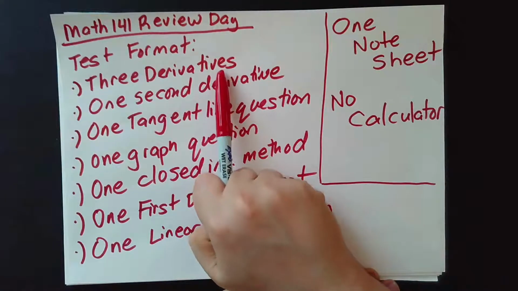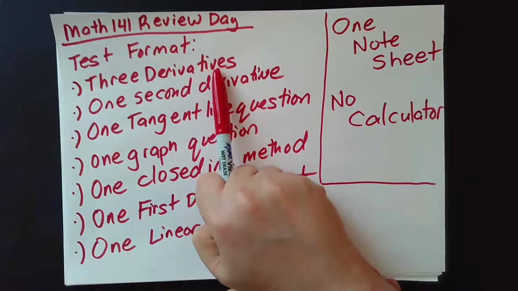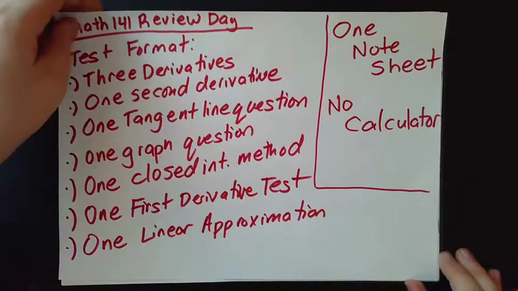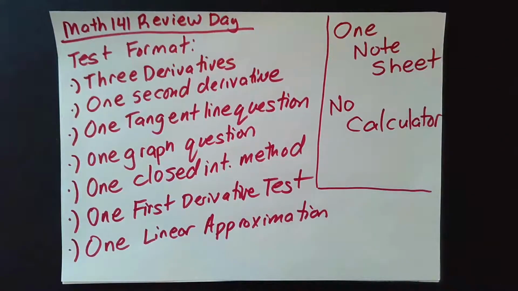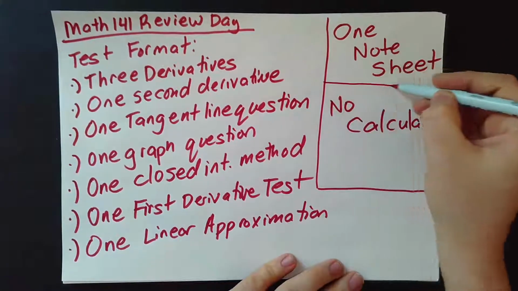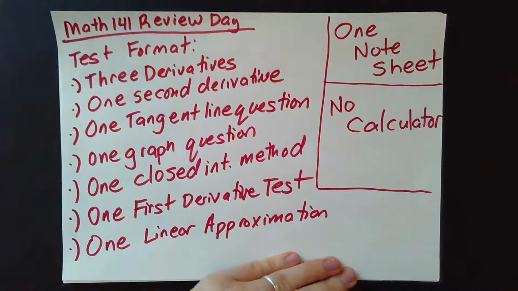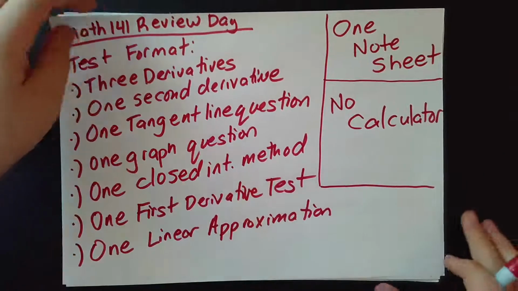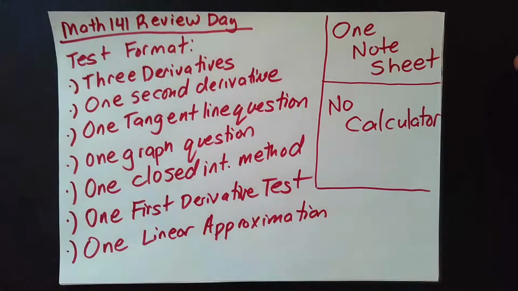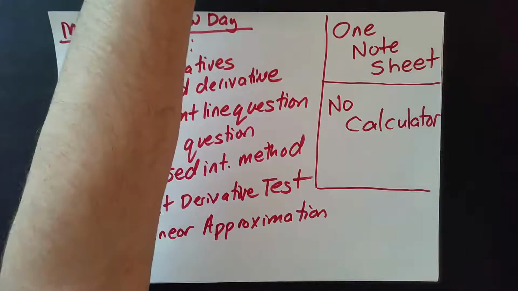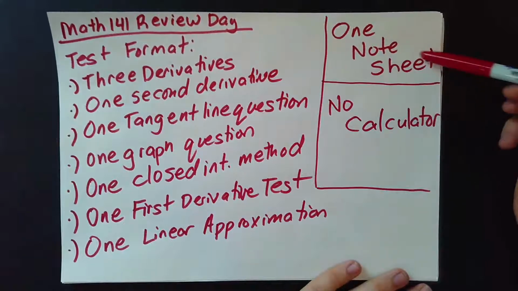You should expect that in there there'll be a product rule question and a quotient rule question, so make sure you use the product rule on the product rule question and the quotient rule on the quotient rule question. Do note, just as a reminder, you do get one sheet of notes, so you can pick one 8.5 by 11 sheet of paper, or if you prefer, an index card. Just one sheet worth of notes that you can write whatever you want on.